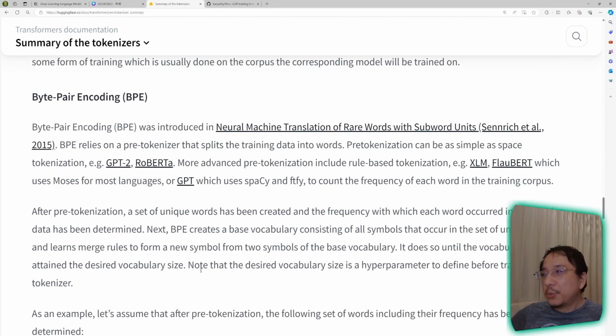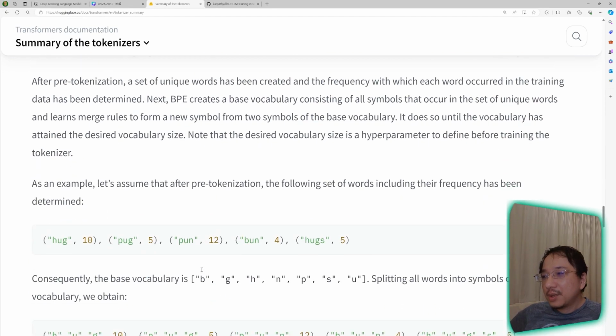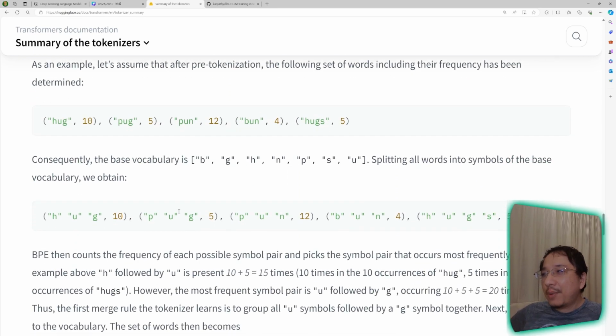So let's go to the section on BPE and see how it works. Suppose we have a bunch of words collected in the text. This means the word "hug" appears 10 times in our text, "pug" appears 5 times in the text, and so on.